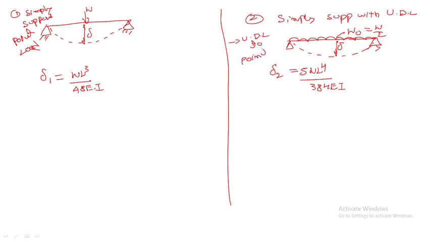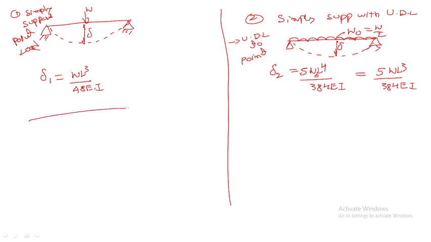How can you convert UDL to point load? We have to divide the given UDL, that is W by 2. Then this formula changes to W naught L cube by 48 EI, right? This is the first condition.